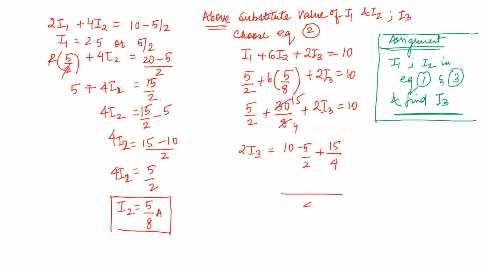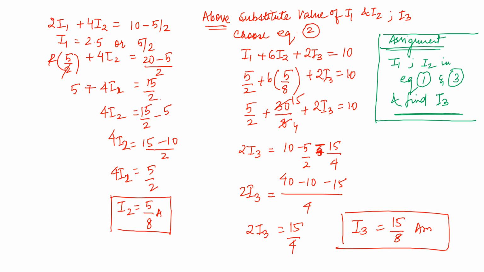We take the LCM, which will be 4. Then it will be 40 minus 10 minus 15. This is also minus, not plus, because both the terms are going from the LHS to the RHS. And now we will have 2I3 equals to 40 minus 10, that is 30, 30 minus 15, that is 15 upon 4. And here we will get I3 equals to 15 upon 8 amperes.